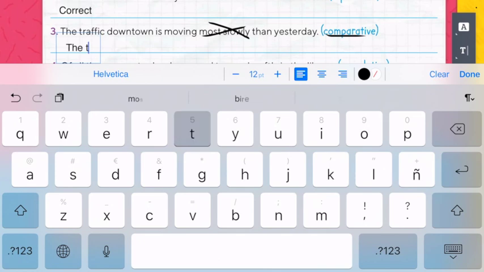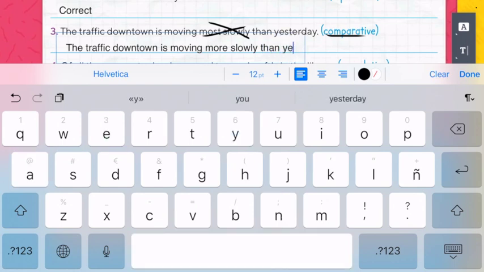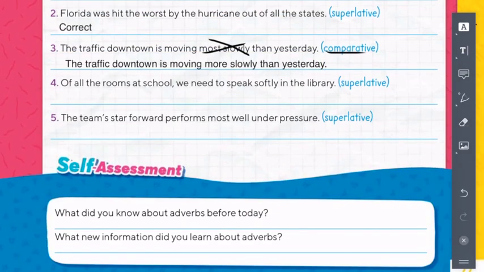So, the traffic downtown is moving more slowly than yesterday. Because it's comparative, okay?